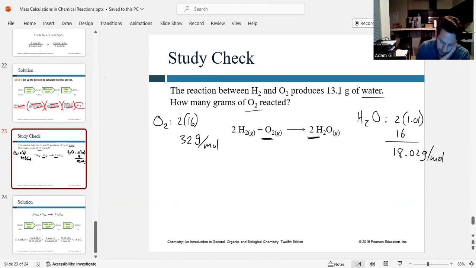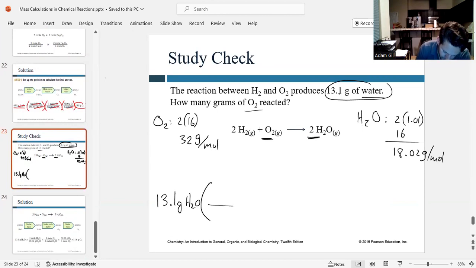Start with the given value here, 13.1 grams of water. 13.1 grams of H2O. We're going to set up our first conversion factor. We want grams of H2O on the bottom, and we want moles of H2O on top. And there is 1 mole of H2O for every 18.02 grams. Grams of H2O cancels.